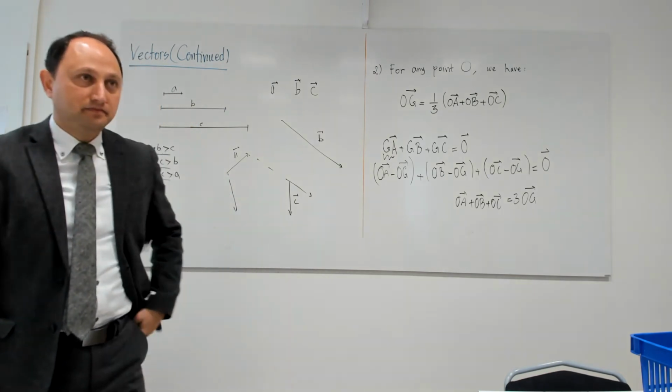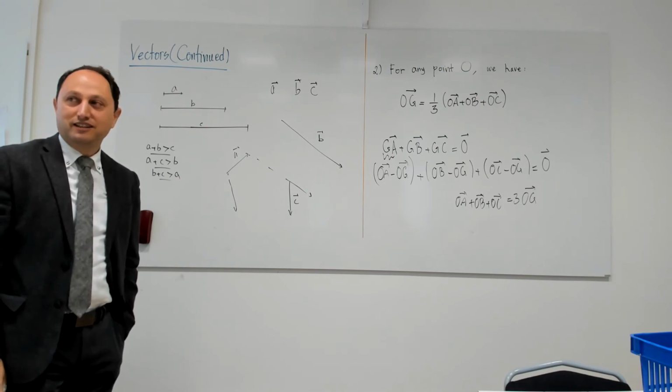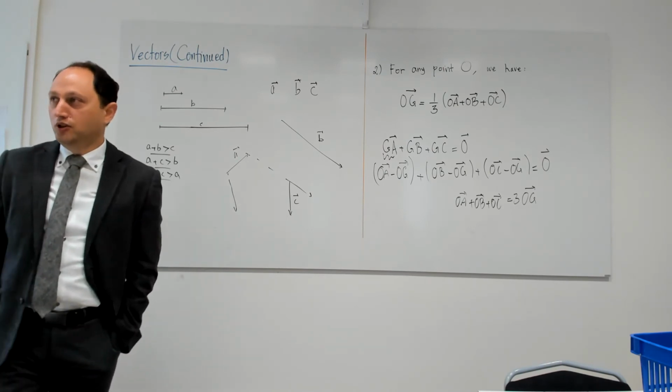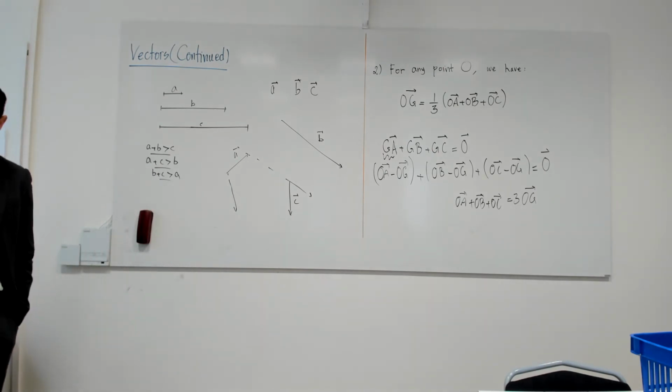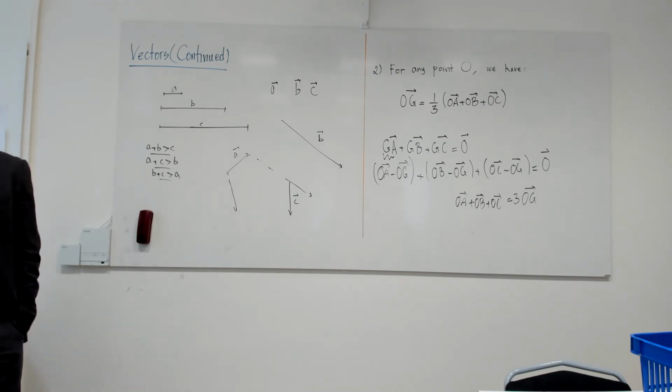For example, if A and B, A plus B is C. No, a little bit of a mistake. Not equal to C. If you go back to your notes, this is important, remember it. This is a recap. A plus B plus C should be the zero vector.